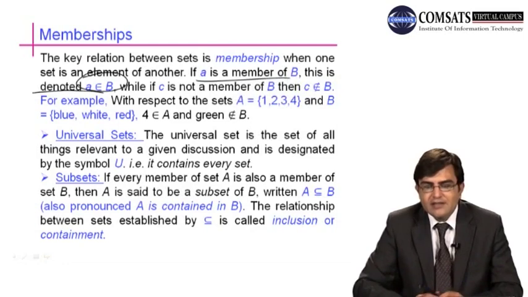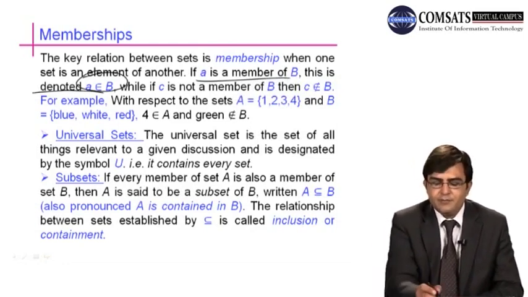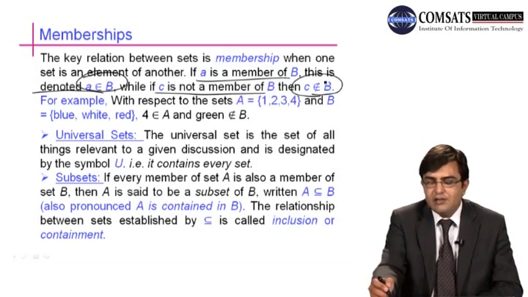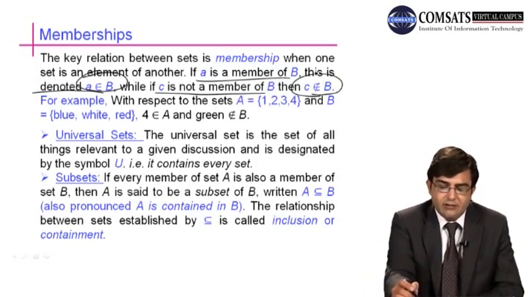And if we say that a number C, any number, is not a member of B, then we denote it in set theory by the belongs symbol with a bar on it.